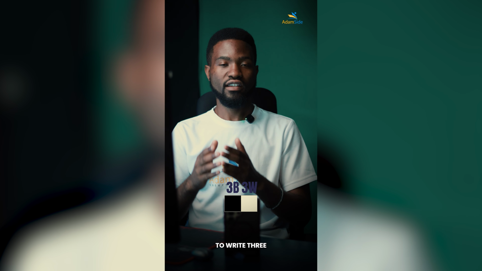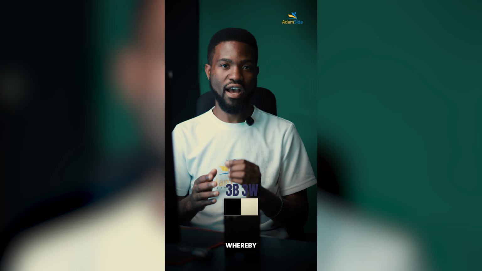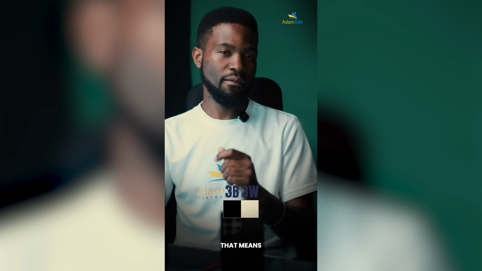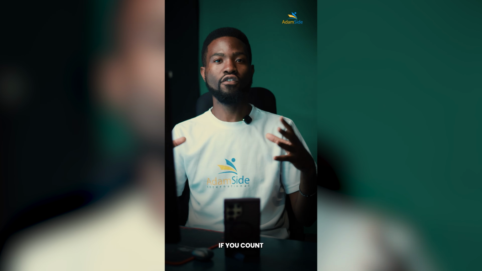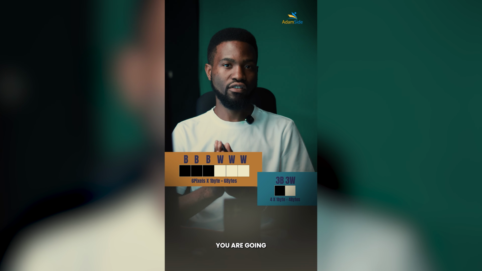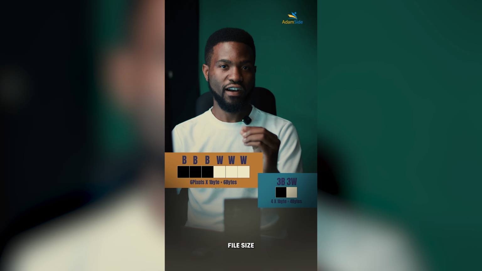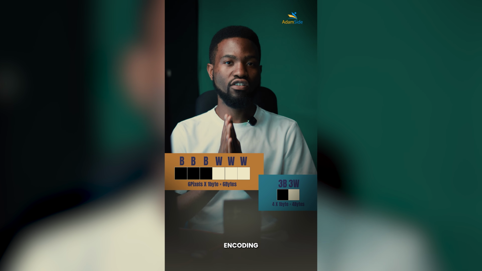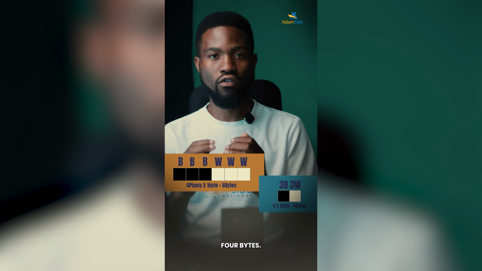You just have to write 3 black pixels and 3 white pixels as 3B and 3W, where B stands for black and W stands for white. If you count all the bytes together, you get 4 bytes. The original file size was 6 bytes, but after compressing with the run length encoding algorithm, we get a compressed file size of 4 bytes.